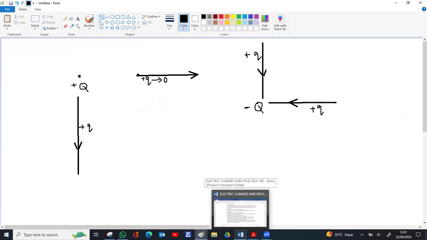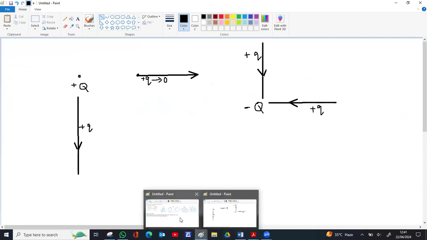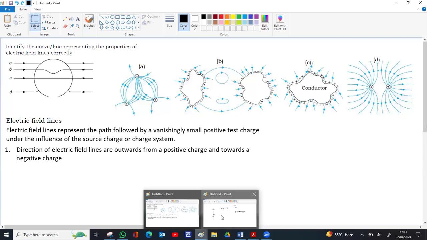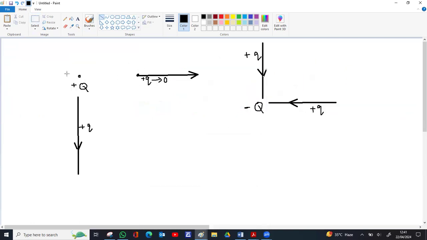That's one basic property of electric field lines, because a positive test charge is always repelled by a positive source charge and always attracted by a negative source charge. There is no other option. The field line has to be outwards for a positive source charge and towards for a negative source charge.